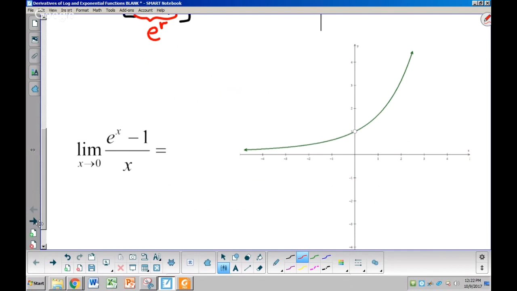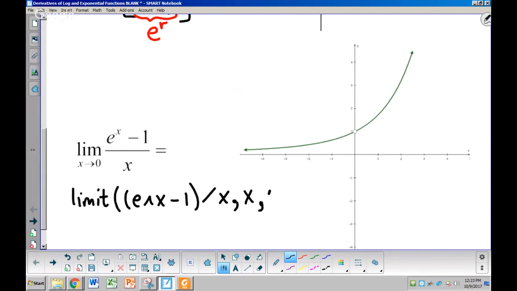So we go LIMIT, that comes up, right? And then you're going to put parentheses, E caret x minus 1, close parentheses, divide by x, comma, x. And then what is x approaching? 0. That's how you type it in the calculator. And it equals 1, doesn't it?